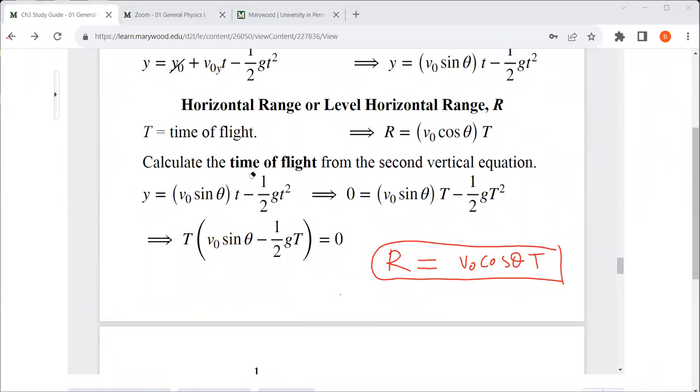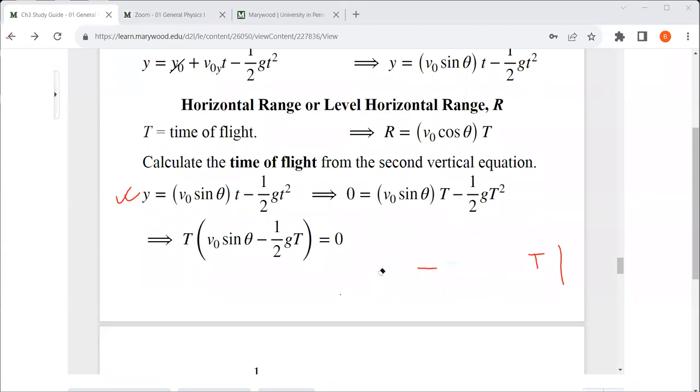We have to calculate the time of flight from the second vertical equation. Let's start from this and try to calculate T, the time of flight.